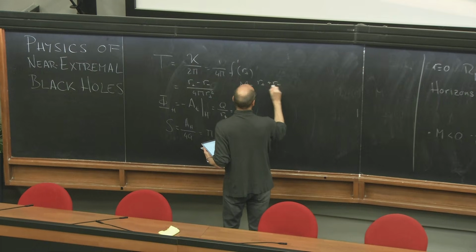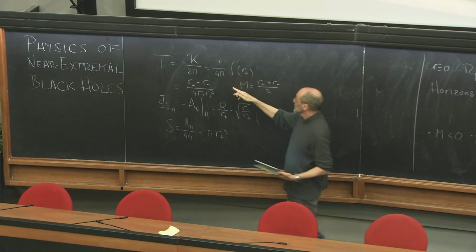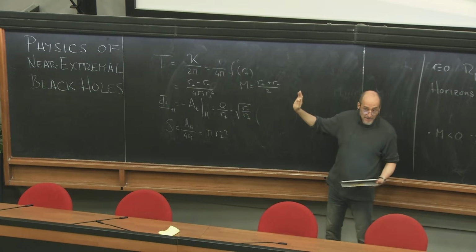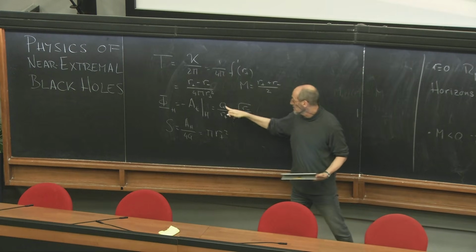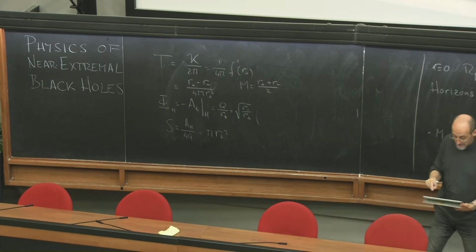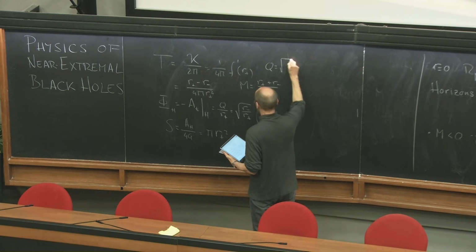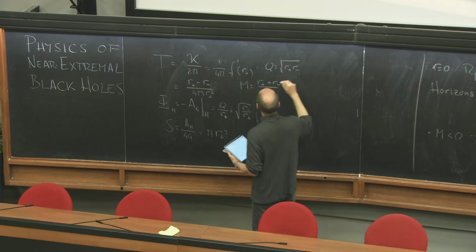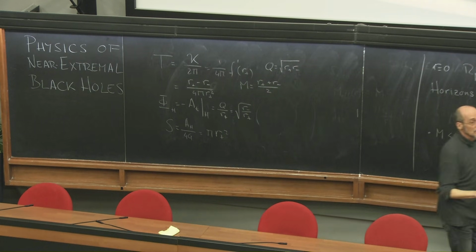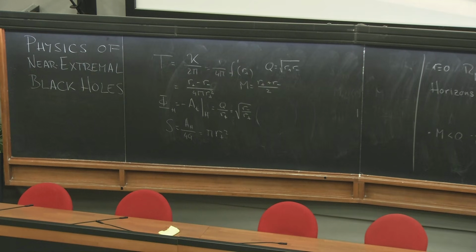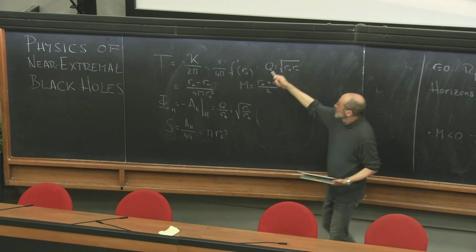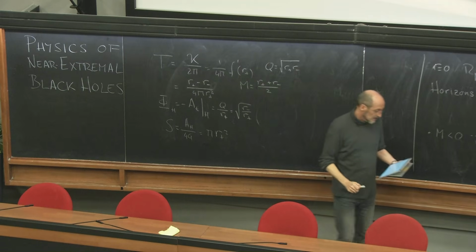it's very often convenient to use as your parameters r plus and r minus. If you're going to do a calculation, it's better than using Q and M, it's more convenient to use r plus and r minus. Q would be, okay. So you can say that your solution has two parameters, r plus and r minus, and its energies and other properties are given by this.